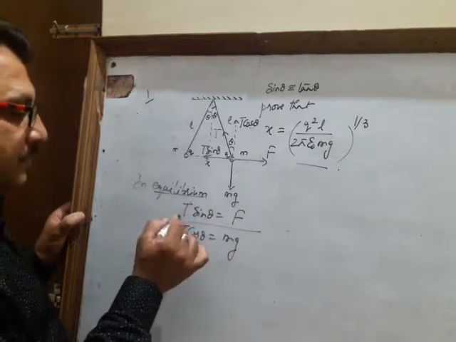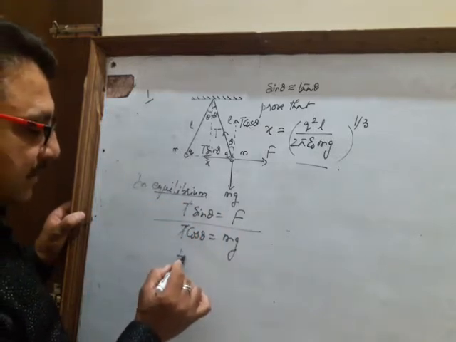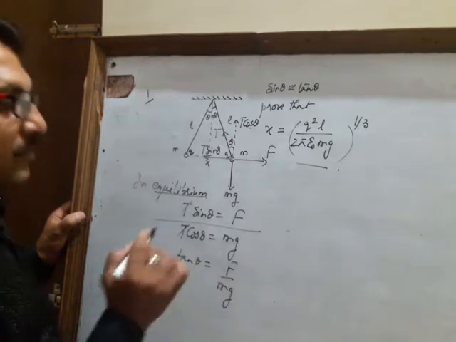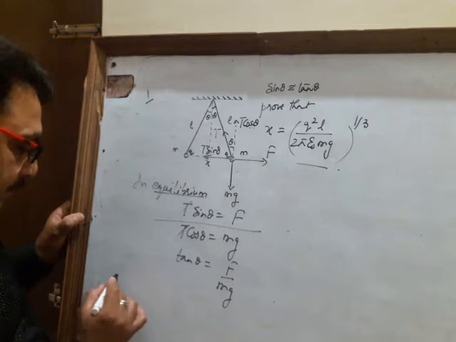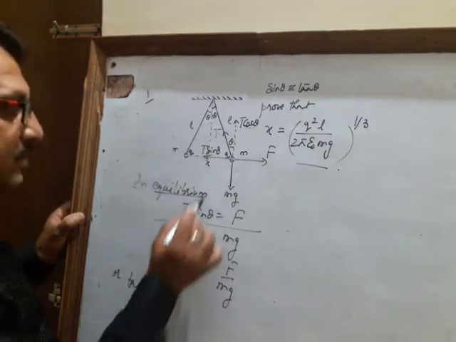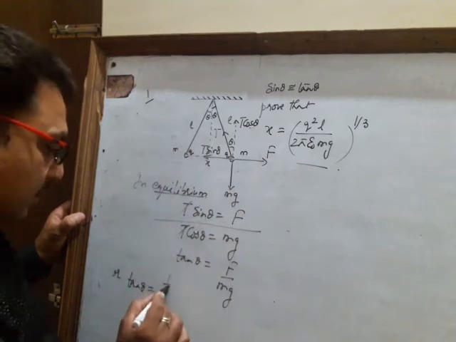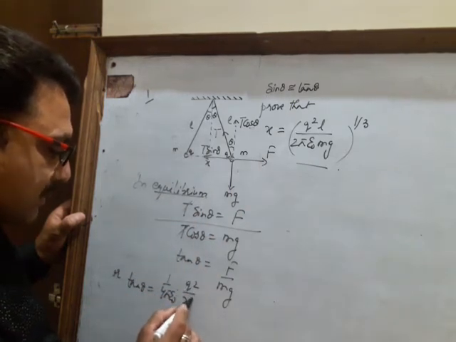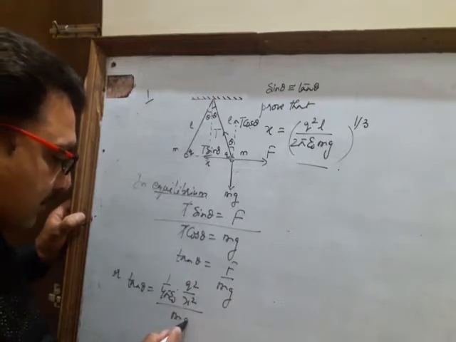Divide, the tension cancels out, and you get tan theta equal to F upon mg. Or you can say tan theta is, what is F? The Coulombian force, 1 upon 4 pi epsilon naught q square upon x square, upon mg.